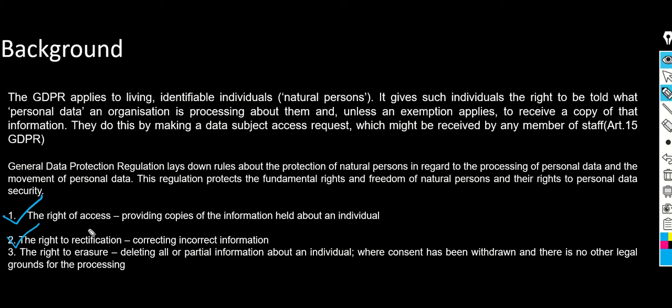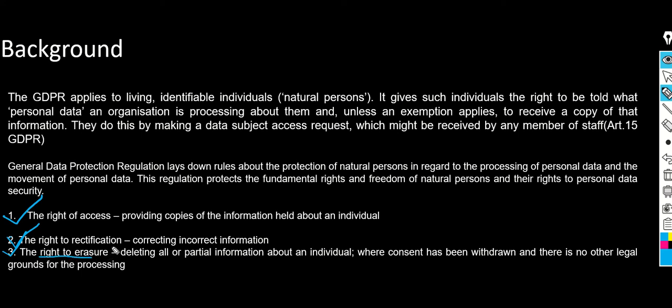If certain corrections are needed in the data provided by the users, they can use their right of rectification. The third right given by the GDPR and various privacy regulations is the right to erasure.